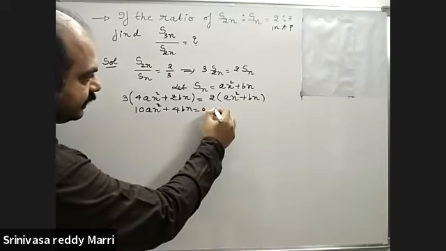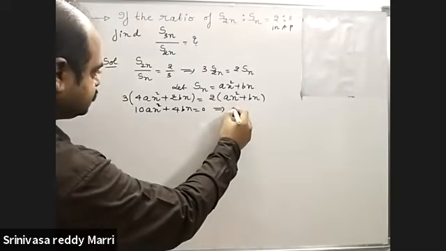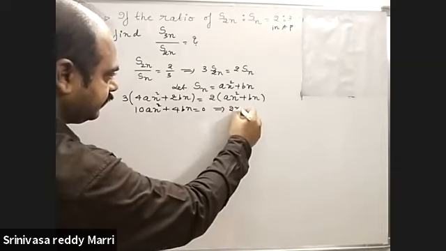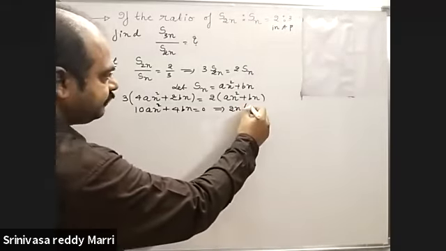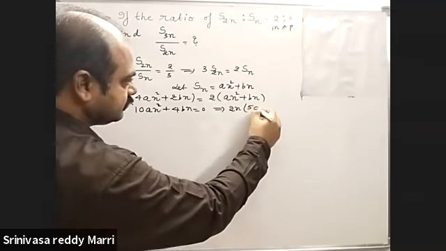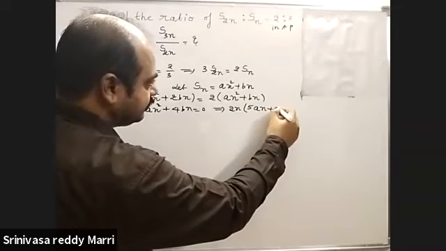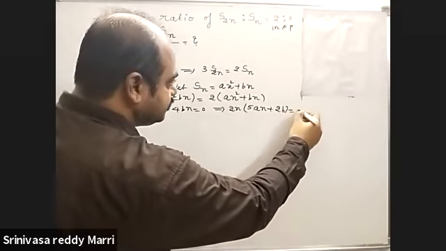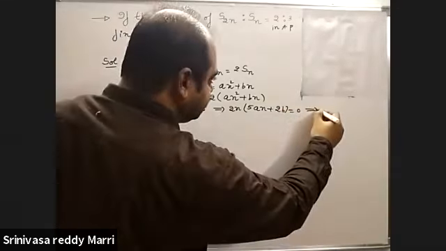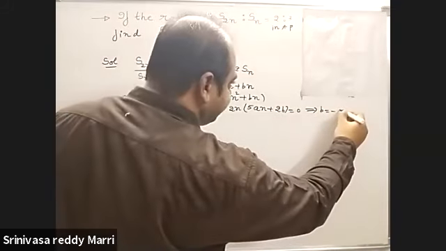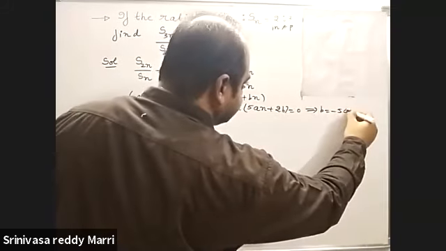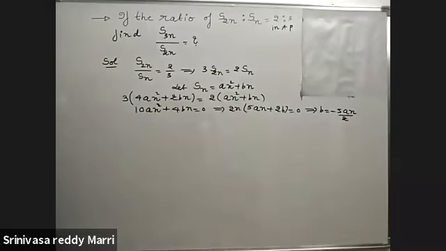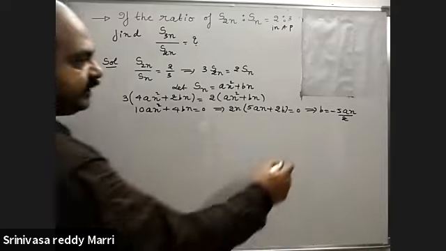Take out n common. Taking 2n common, 5an plus 2b equal to 0. n cannot be 0. That means the b value is minus 5an by 2.